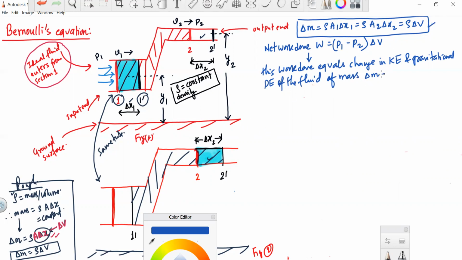Okay, so I'm writing in short, delta m equals density rho times volume, that is delta V. So we have this, and this is to be noted.